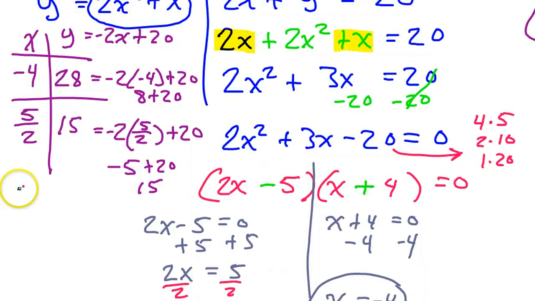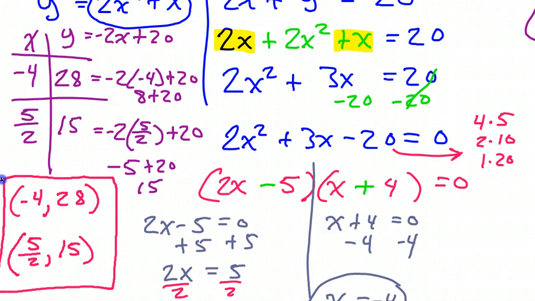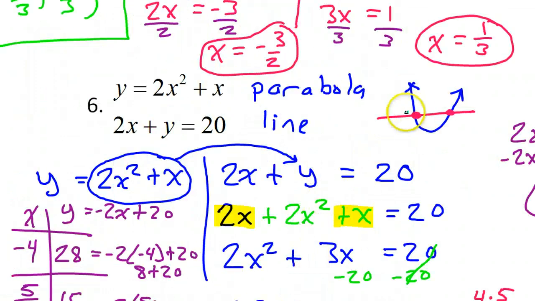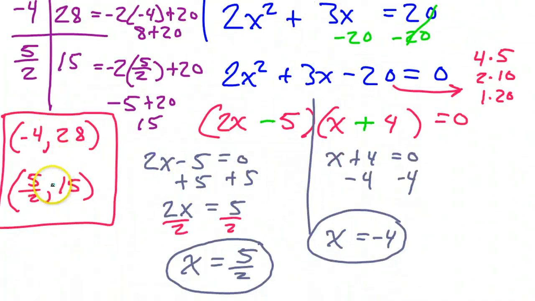So there we have our two solutions: negative 4 comma 28, and 5 over 2 comma 15. Put a box around that. It's brilliant. So what were we expecting? We were expecting up to 2 solutions. We have 2.